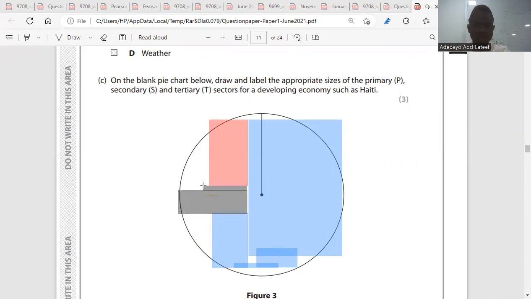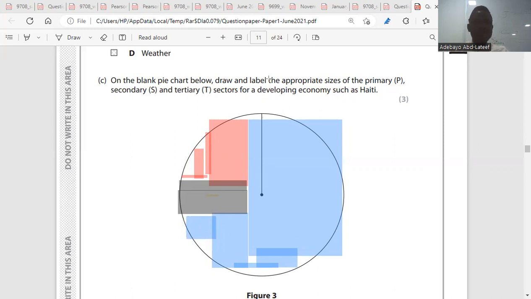So that's my graph here, but at least we're getting it. So all these sectors are for primary production.